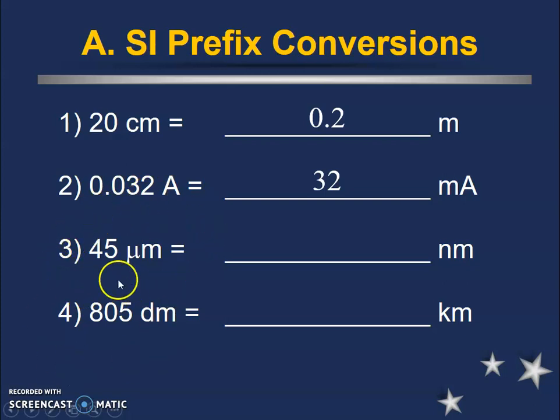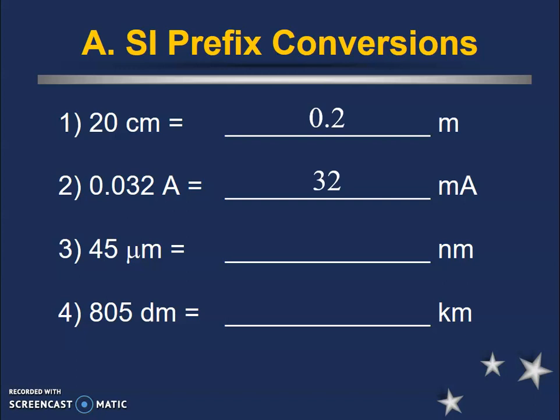All right. Now let's turn 45 micrometers into nanometers. Now be careful, because this one I'm making you go beyond that basic stair step I showed you. So going back to that chart, we've got to go further. Okay, so take a look. First decide, are we going left or are we going right?